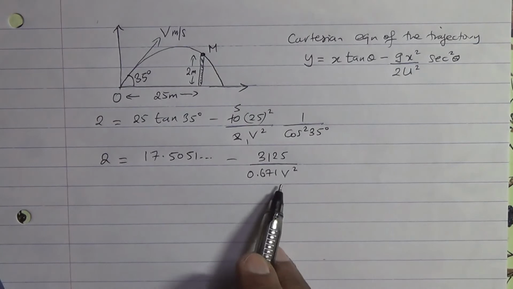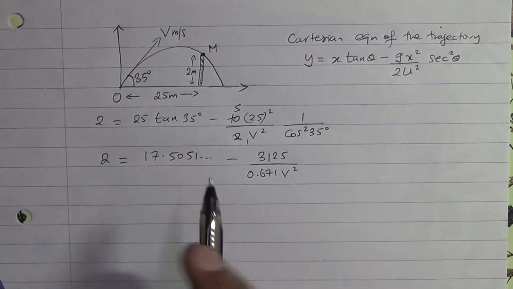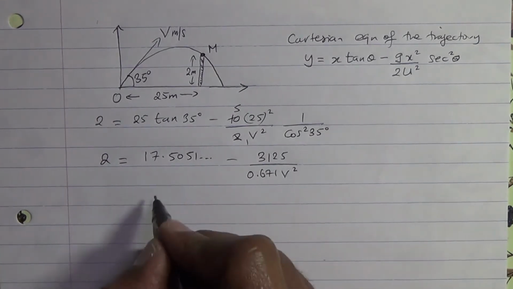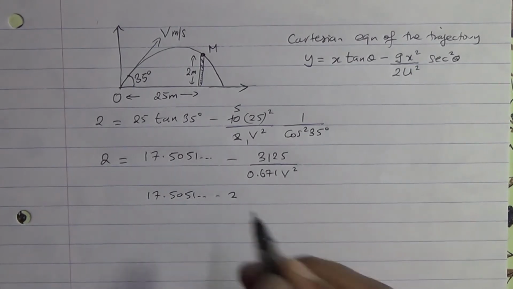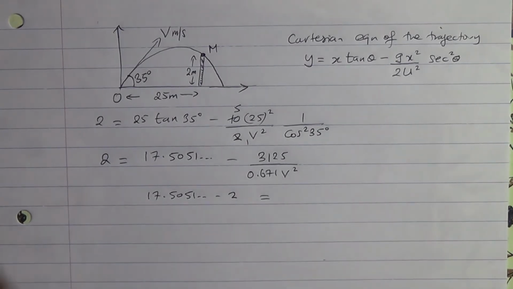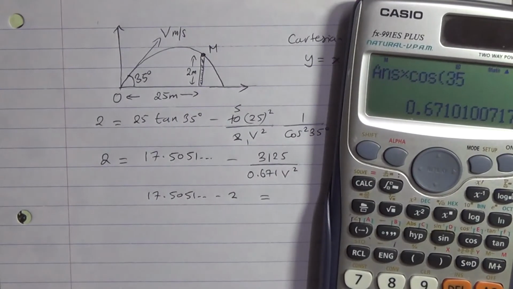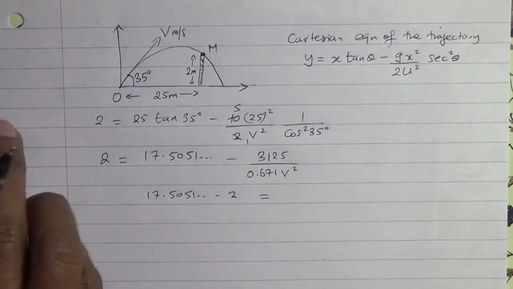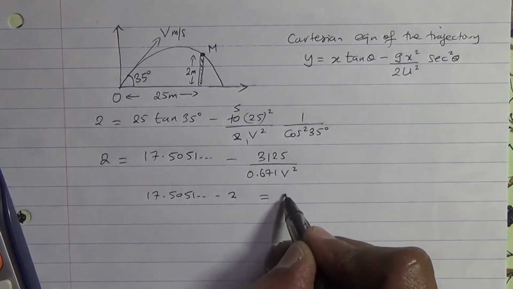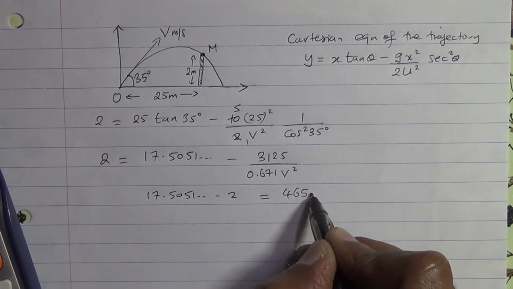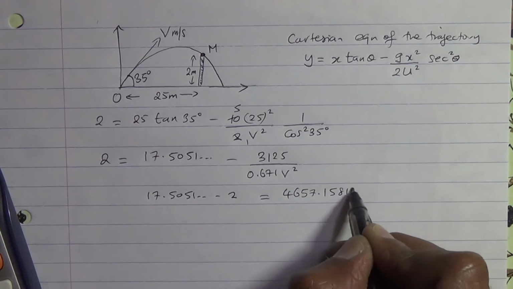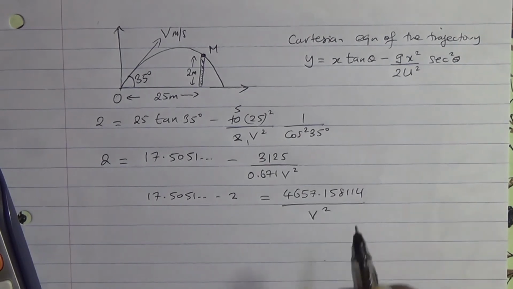From here we want to find v, so this can go on the other side, and I've got 17.5051 and so on, take away 2, is equal to 3125 divided by this, which gives 4657.15814 over v squared.